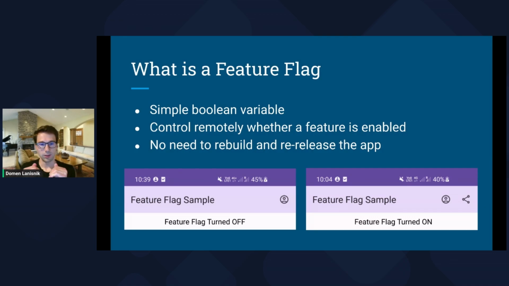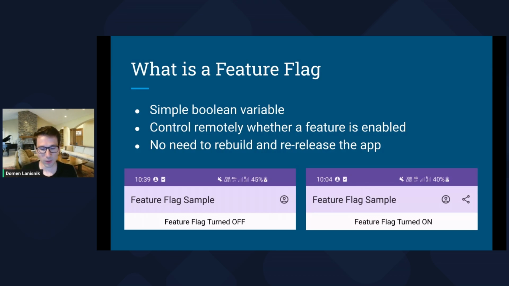And if we place this entry point to the share functionality behind the feature flag, it means that when the feature flag is turned off, the users won't see it, even though the actual feature is still in the code, in the app. They won't be able to access it. And once we turn the feature flag on, they will see the entry point.